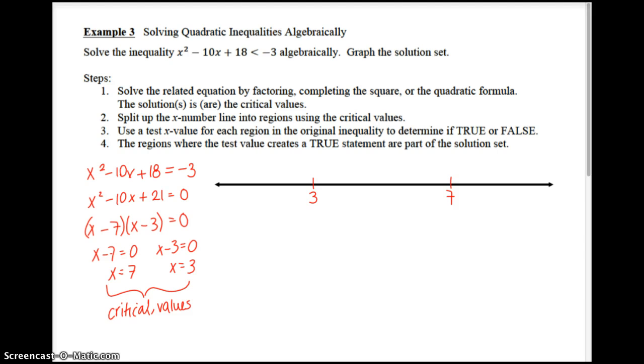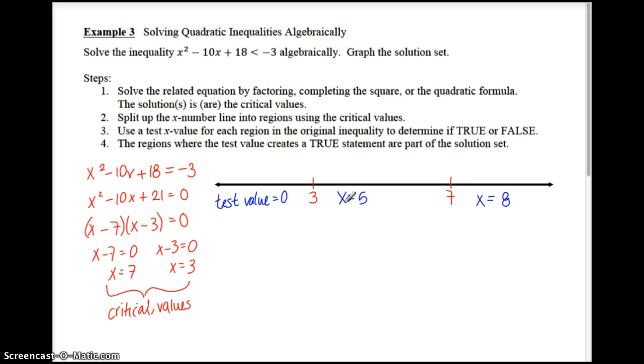So a nice easy number on the left of 3 would be 0. And between 3 and 7, we also want to pick a nice easy number. So let's pick maybe 5. And then on the right-hand side of 7, we have another region, and we'll use a number like 8.